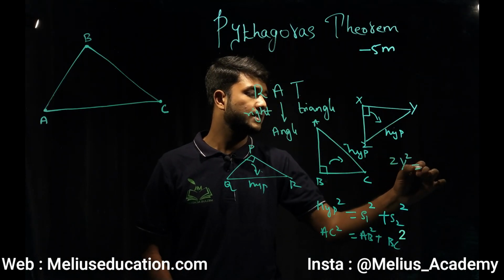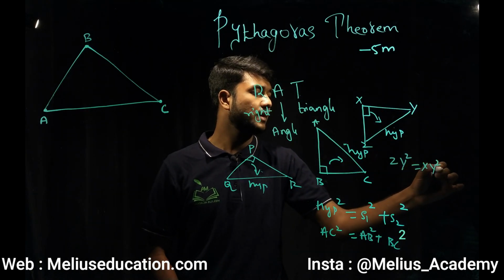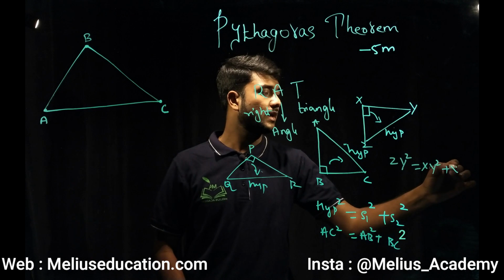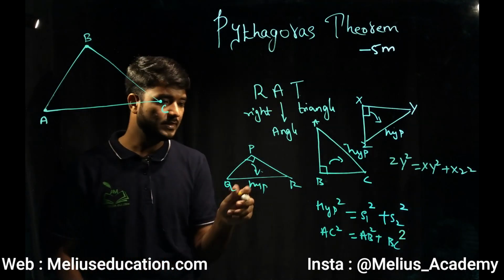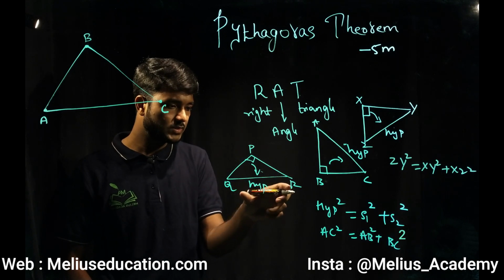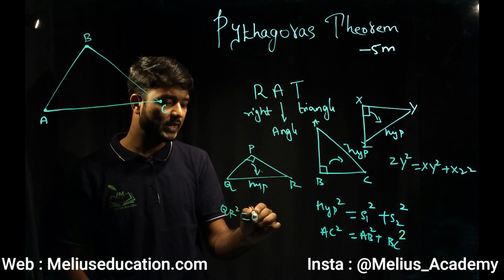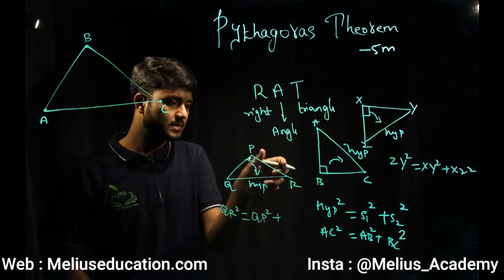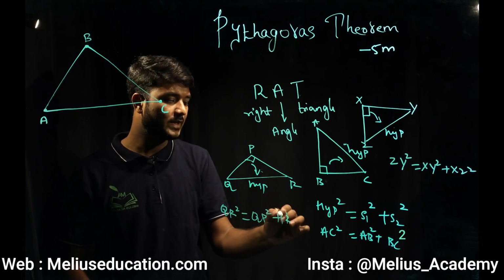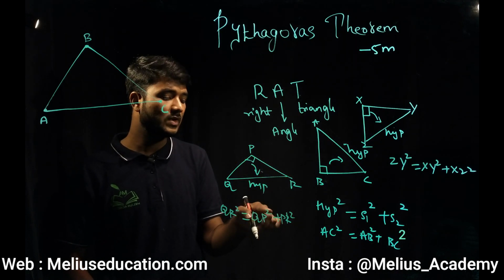ZY square is equal to XY square plus XZ square. Let us try using here. If this is 90 degree, opposite to 90 degree is hypotenuse, so QR square is equal to QP square plus PR square. Just remember that square the hypotenuse, and that will be equal to the sum of squares of other two sides.